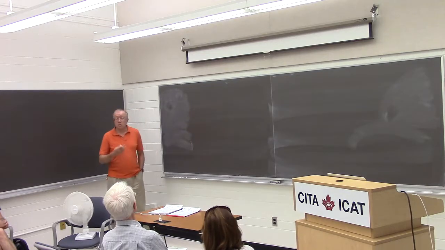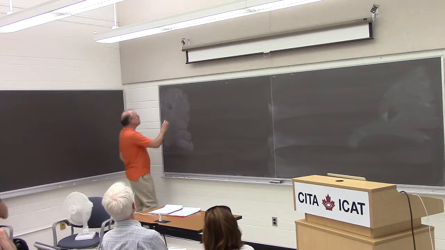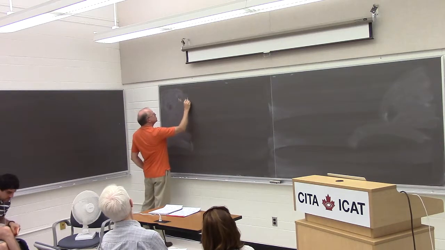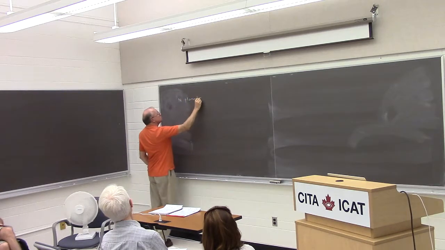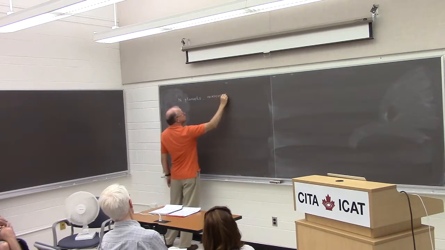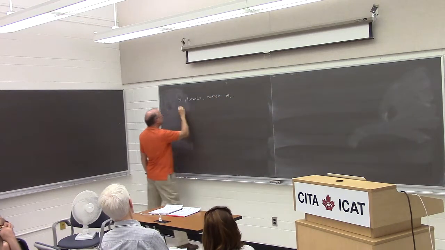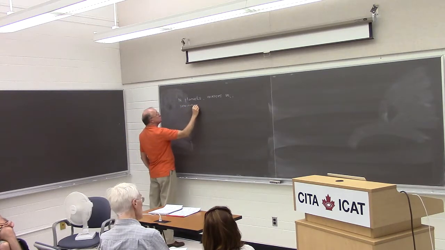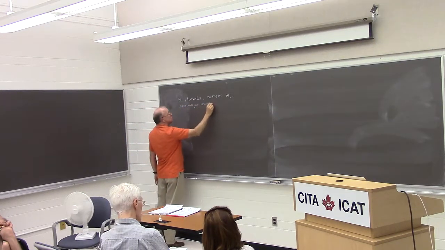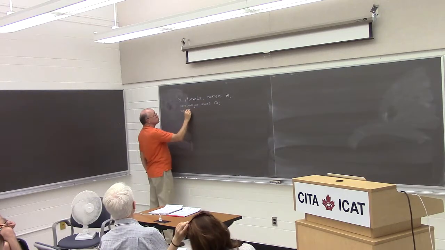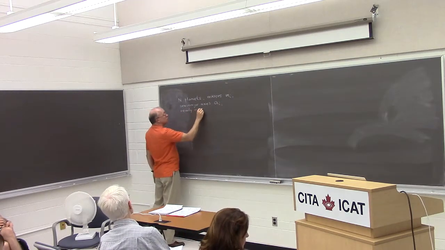And so the question that you would like to be able to answer is, suppose you have n planets with masses m sub i, semi-major axes a sub i, let's say nearly circular, nearly coplanar orbits.